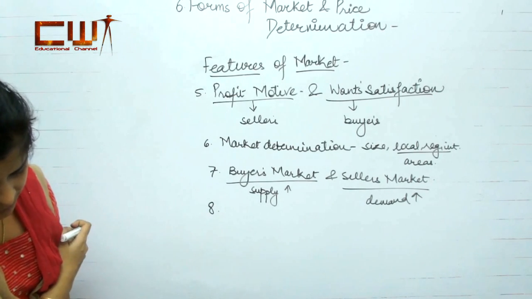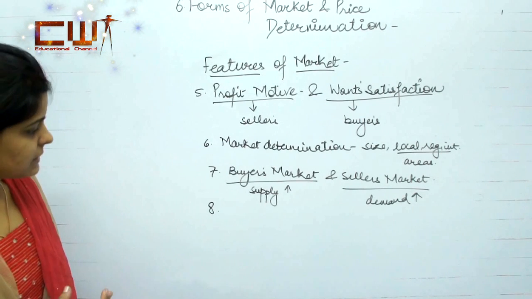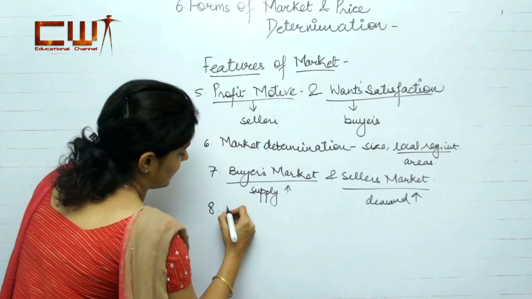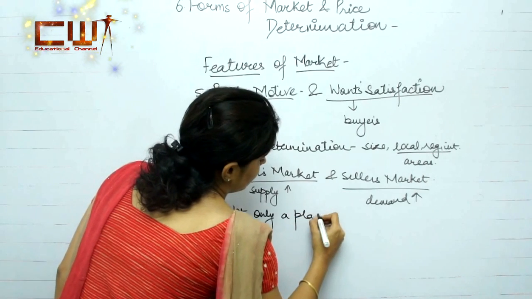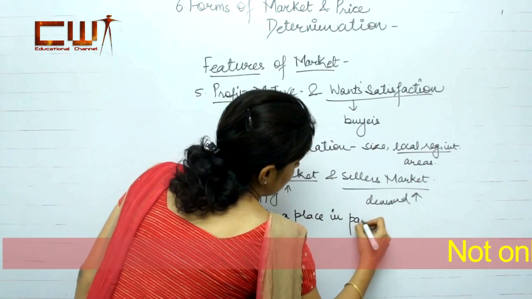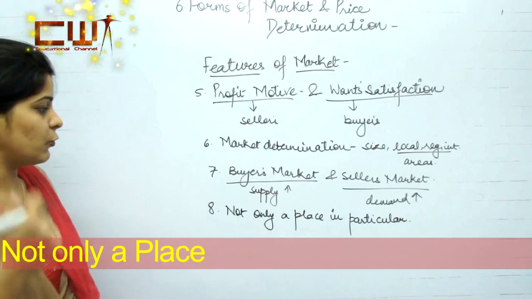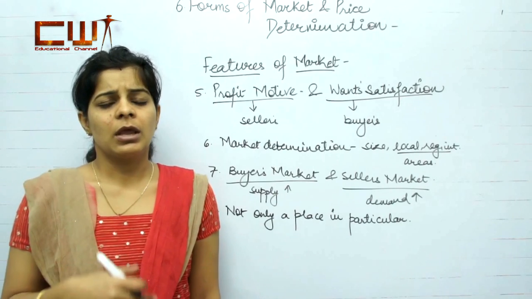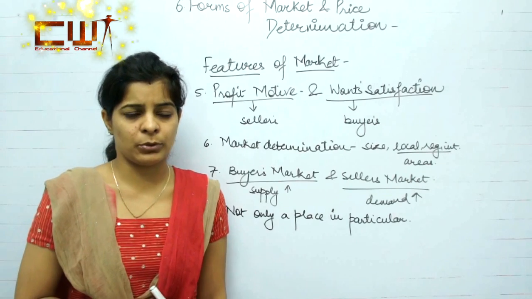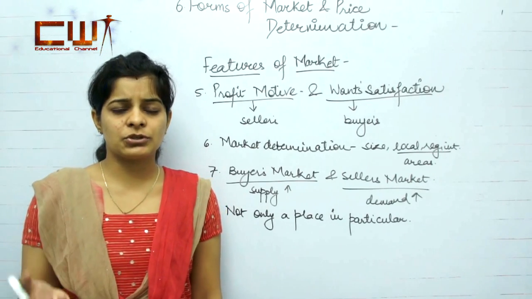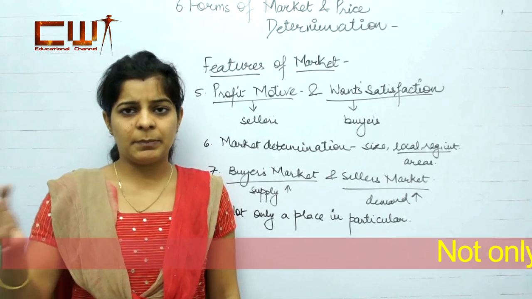Next feature that we will study is that market need not necessarily refer to a place, right? It is not only a particular place. You don't have to meet at a certain place for it to be called a market. Even if you have communication through phone, or any other way, and you get the deals. Today you are studying in the era of computers, right? On the computer you just log into any website which deals in online shopping, and the people are offering goods.